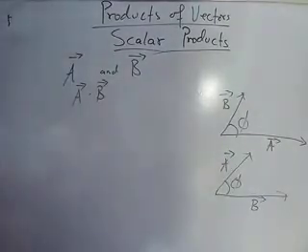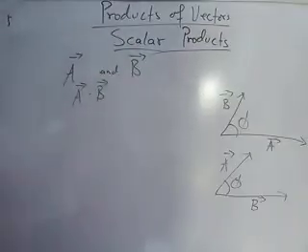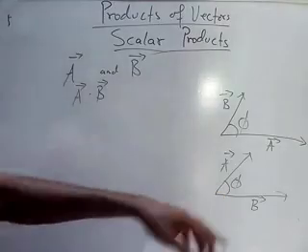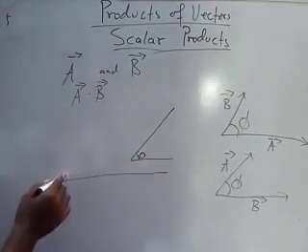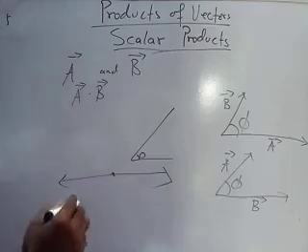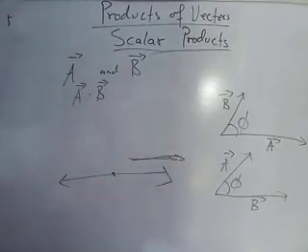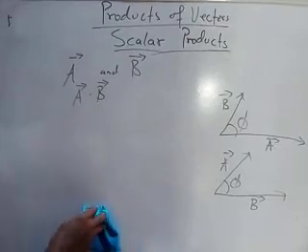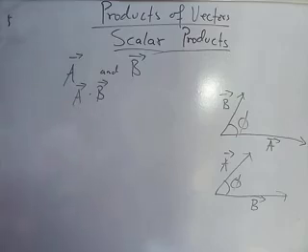The angle phi, a Greek letter, between their directions ranges from 0 to 180. It is 0 when they are parallel, pointing towards the same direction, and 180 when they are directly opposite in direction.